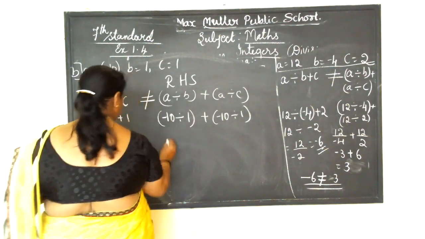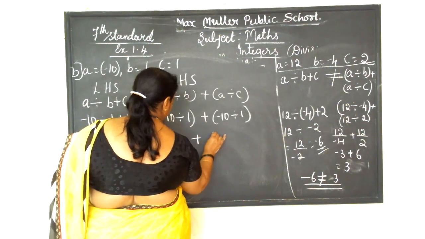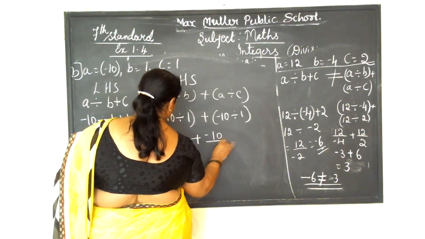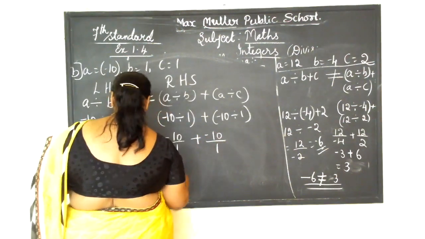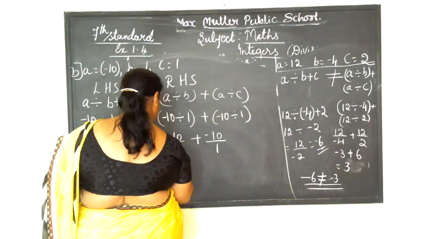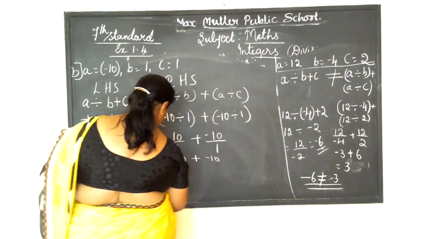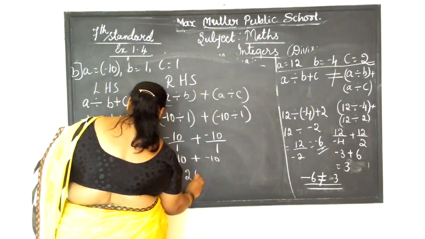So, minus 10 divided by 1 plus minus 10 divided by 1, minus 10 plus minus 10 is equal to minus 20.